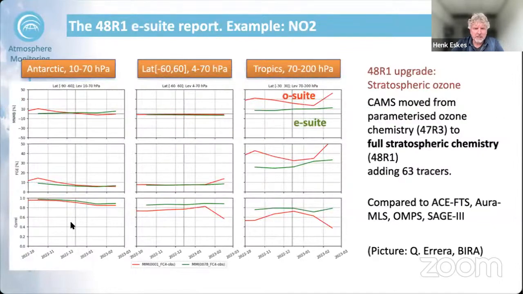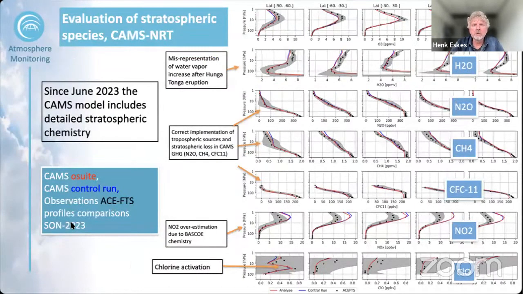And the really important big new thing is that we now, in 48R1, have this full stratospheric chemistry system, which was not in place before. And we see that that improves also the scores of ozone itself. And then we can also look at many different components in the stratosphere.